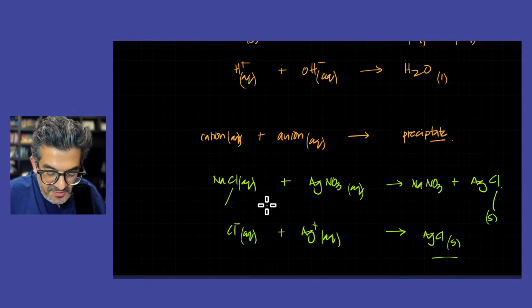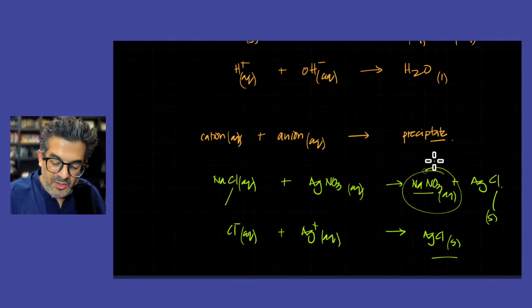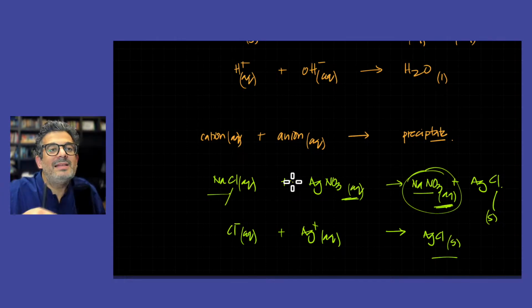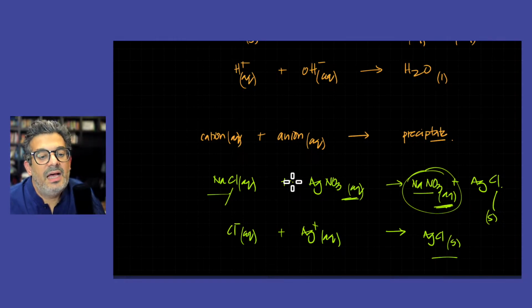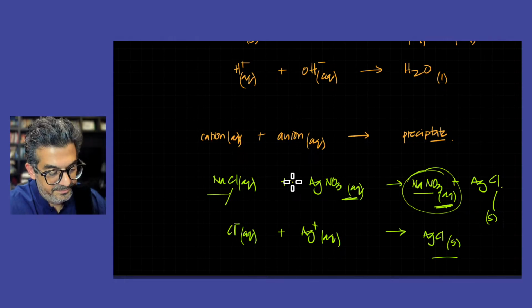Why? Because the sodium and nitrate are both aqueous ions on the right and aqueous on the left. If aqueous ions remain aqueous ions, then they're not part of the ion equation. They are what we call spectator ions.